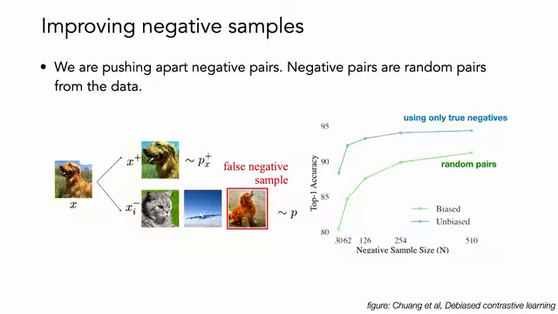If you remove all of those and use only the true negatives, you actually end up getting much higher top-one accuracy downstream. But again, this assumes that you have access to labeled data for all of your data points, and that the labeled data probably needs to align with the downstream task you're interested in.